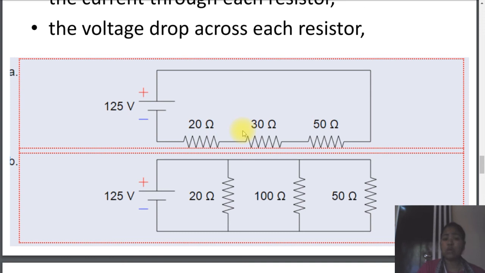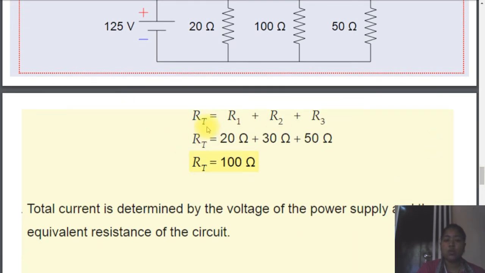So what do we have to calculate? Very first, the equivalent resistance of the electrical circuit. How will we calculate it? By the formula we concluded that if we have a series combination of resistors, the equivalent resistance will be the sum of all the resistances of the circuit. So the total resistance equals R1 plus R2 plus R3.